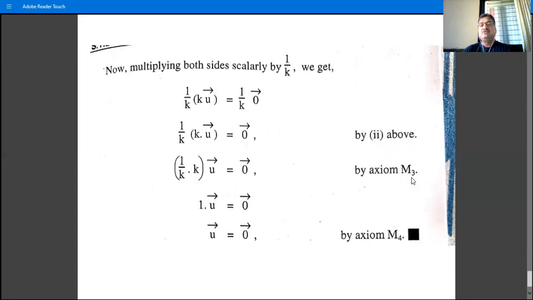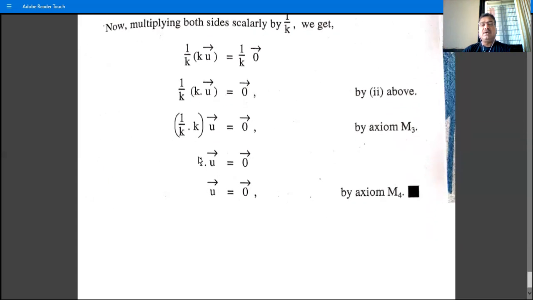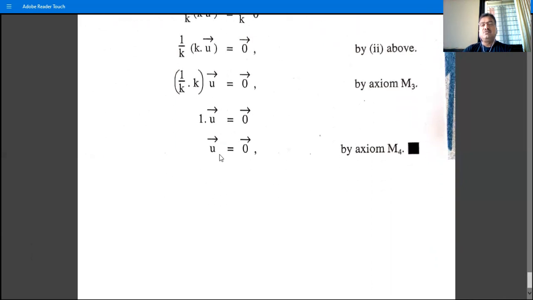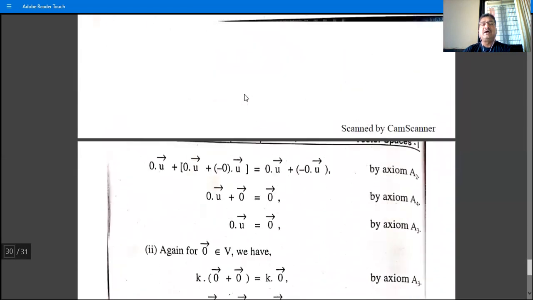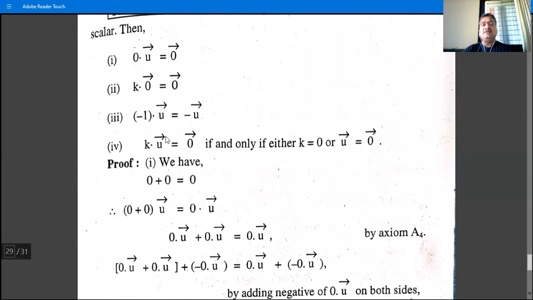And then 1 by k into k is 1, because 1 by k is the inverse of k, and 1 into u bar is u bar, and so we have u bar is 0. That is, if k is not equal to 0, then u bar is 0, and therefore this is the proof that ku bar is 0 bar if and only if either k is 0 or u bar is 0 bar.